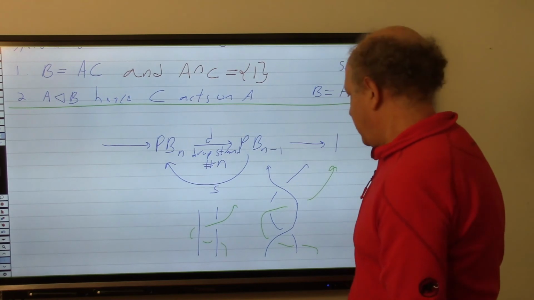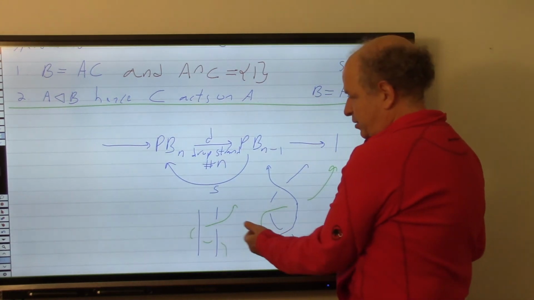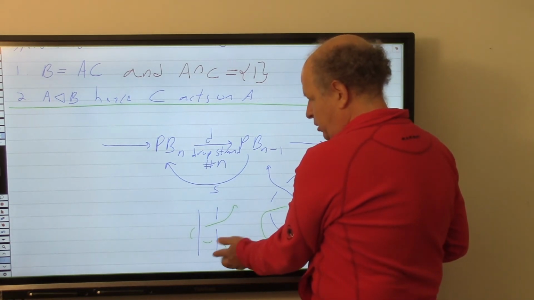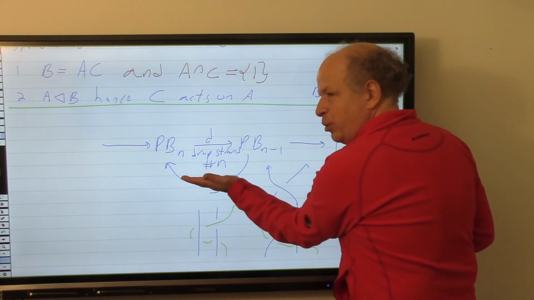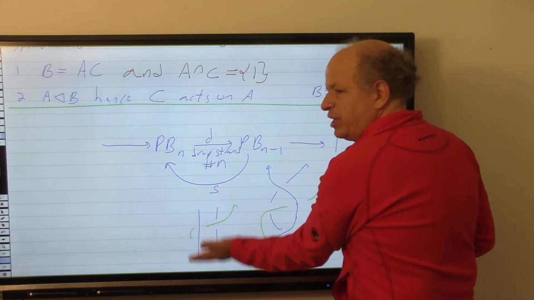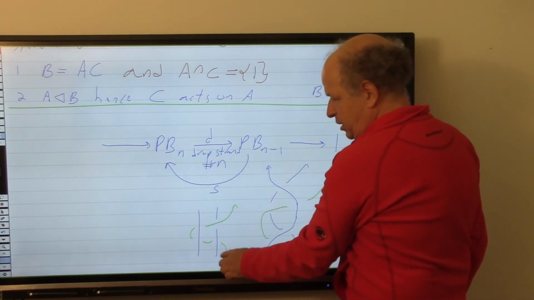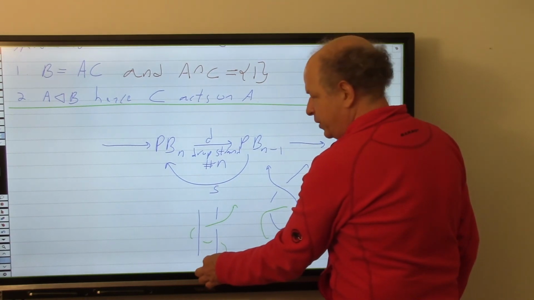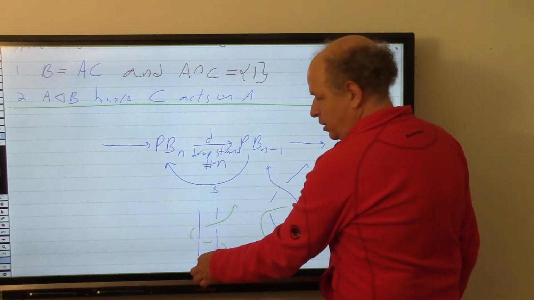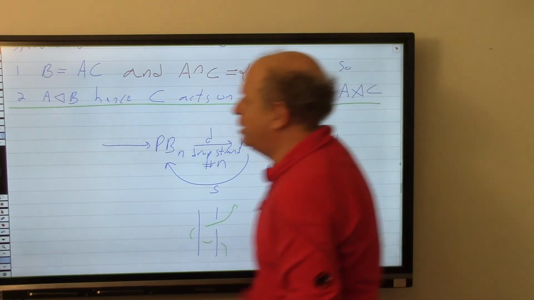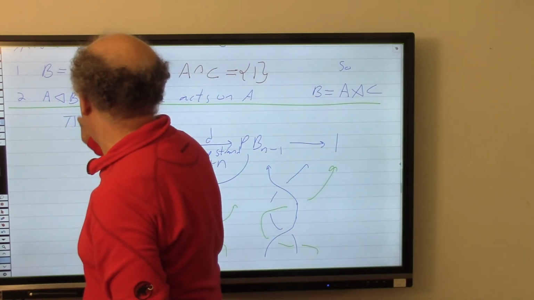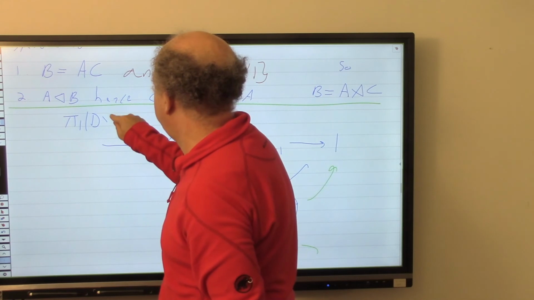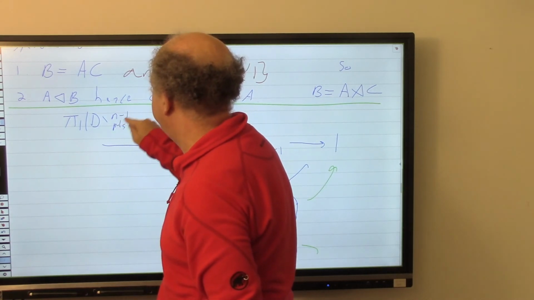But this means that the last strand is a point. So if you think of it as a movie of points moving in the plane, then the last strand moves in the plane in which you have removed 2 points. So this is really an element of pi1 of the plane minus, so the disk minus n minus 1 points.